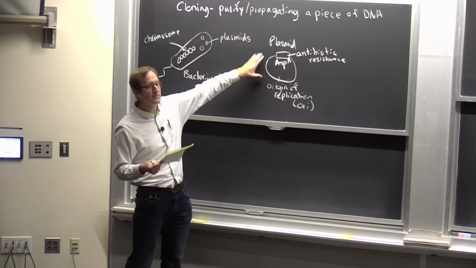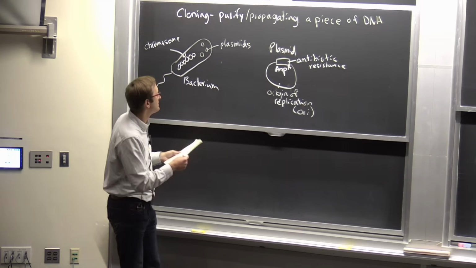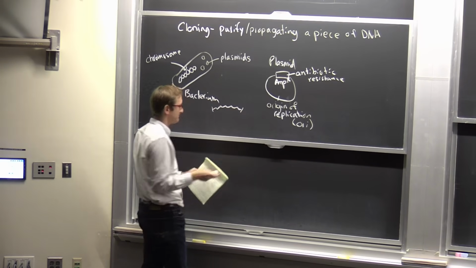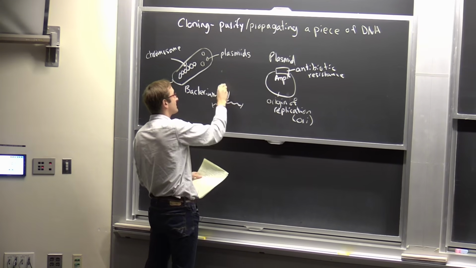And we can take advantage of this plasmid system in bacteria because we could take a piece of foreign DNA, and this foreign DNA could be of eukaryotic origin.